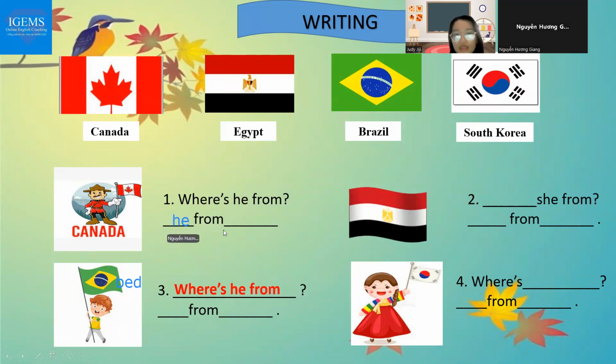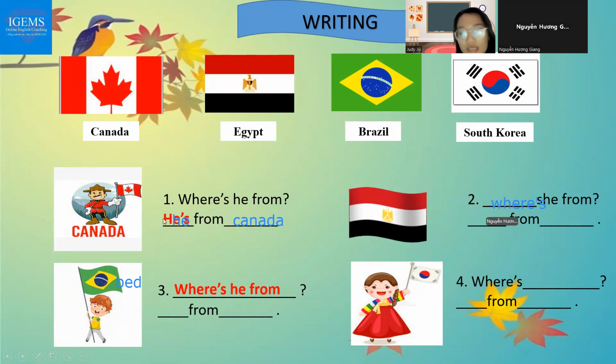He from Canada. Okay, so let's take a look at what you're missing. One thing is the verb. Your sentence, he from Canada, is missing the verb.